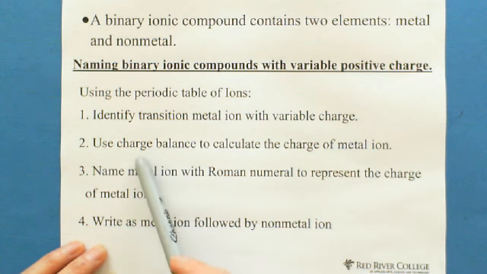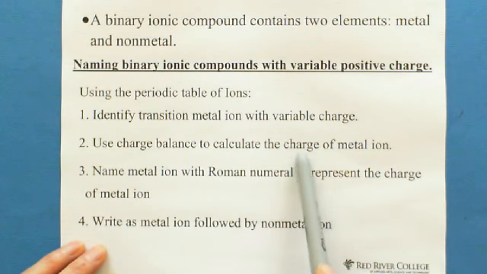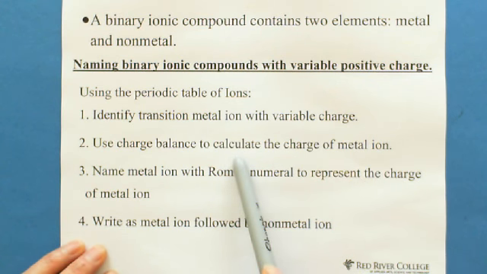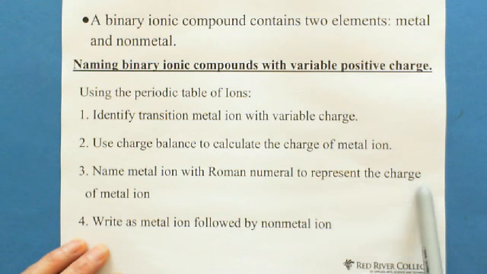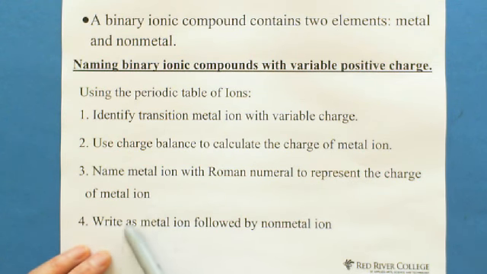We use charge balance because in a compound the total charge is 0, which is neutral. So the total positive charge has to be equal to the total negative charge. The third step is to name the metal ion with a Roman numeral to represent its charge. Fourth, write the metal ion followed by the non-metal ion.